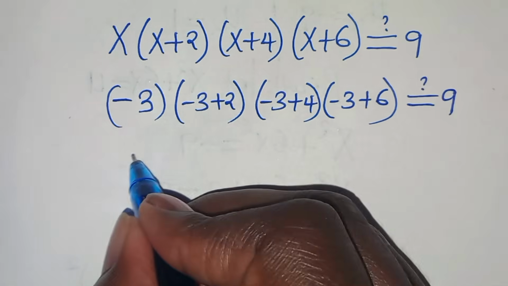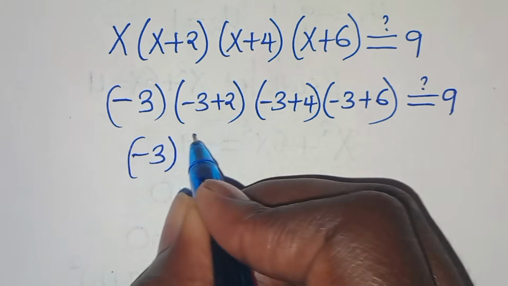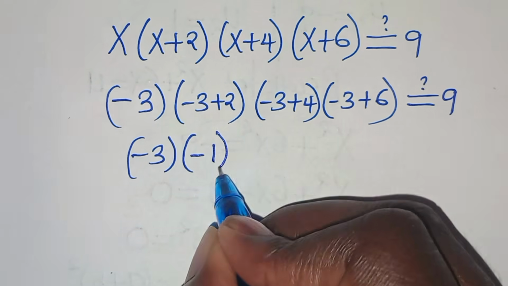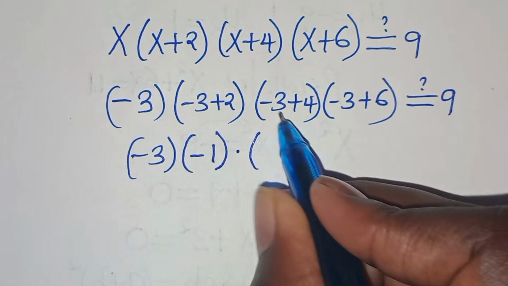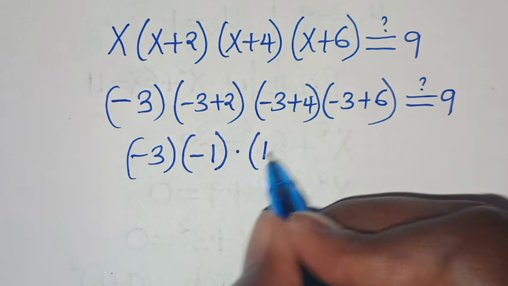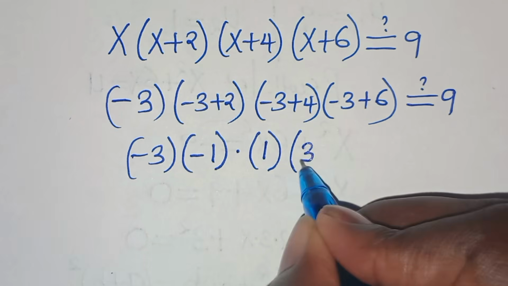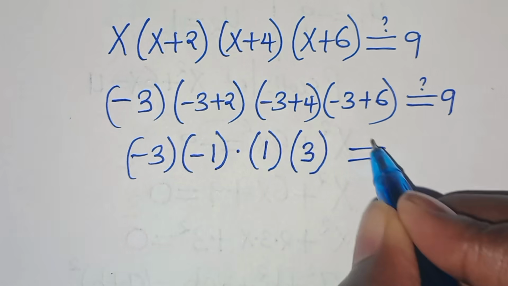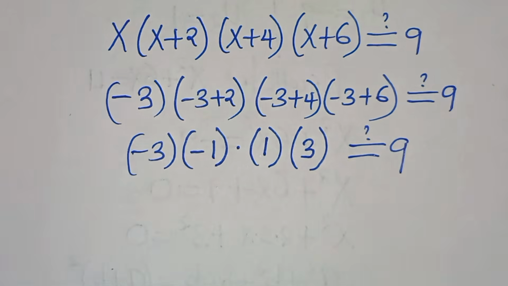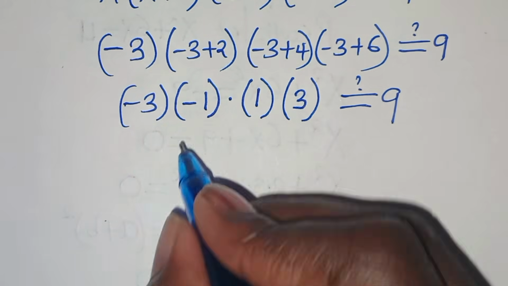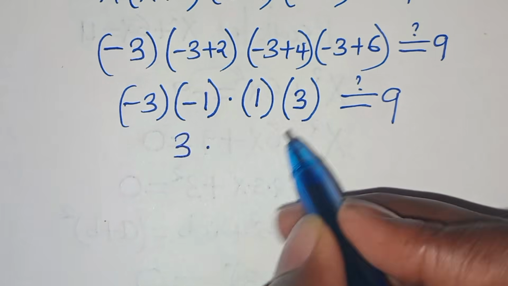So this is minus 3 multiplied by minus 3 plus 2. This is minus 1. Then multiplied by minus 3 plus 4, which is 1. Then we have minus 3 plus 6. This is 3. And this should give us a value of 9. So this is minus 3 times minus 1. This is 3 times 1 times 3.